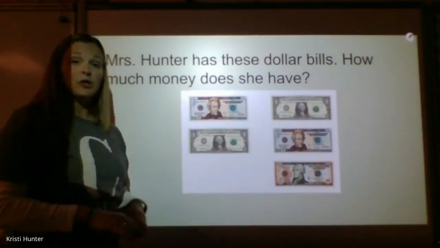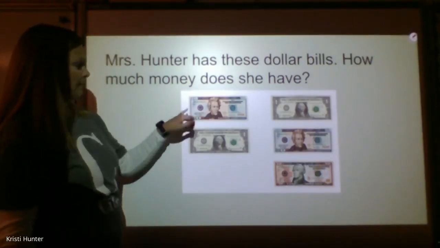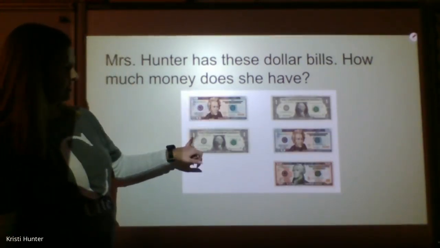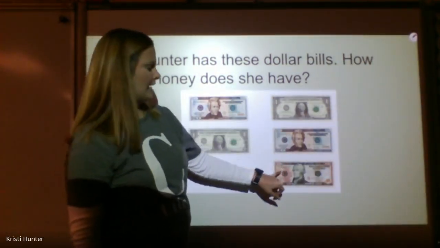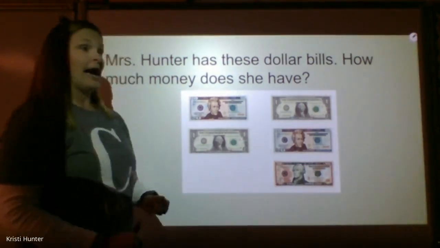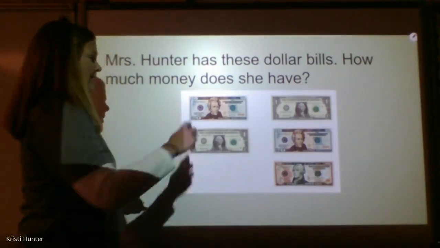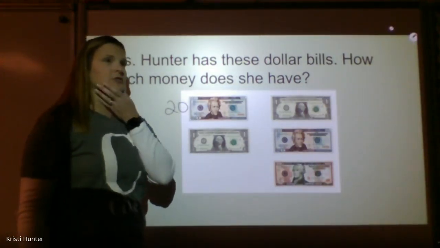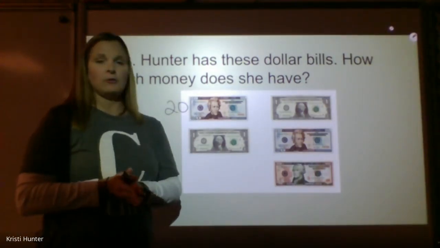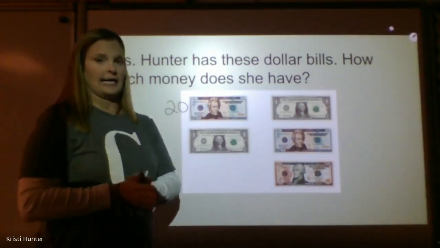So again, I'm going to look on my bills and see exactly what bill I have. I have a 20, a 1, a 1, a 20, and a 10. So I heard 2 20s, so I'm going to count those first. 20. Now, Miss Hunter said if I can count my even numbers, I can do this.